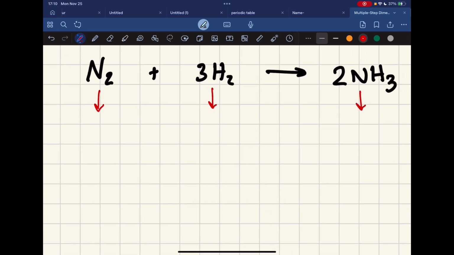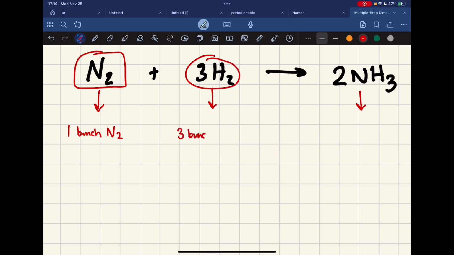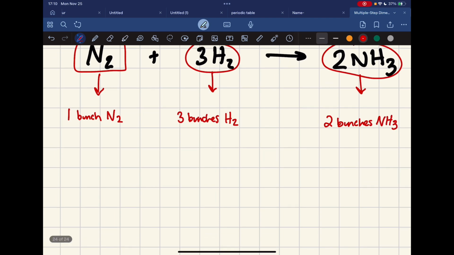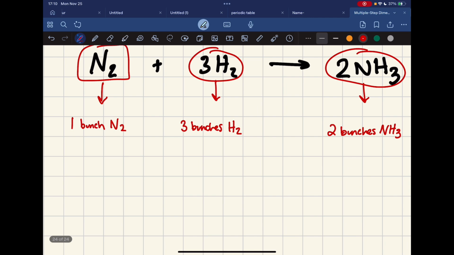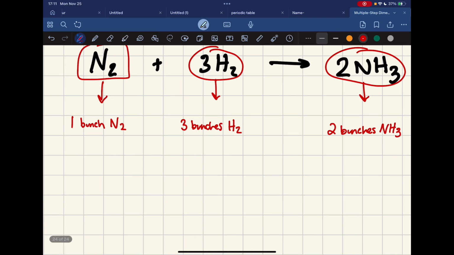So remember that this right here represents one bunch of N2. This right here represents 3 bunches of H2. And this quantity represents 2 bunches of NH3. That's the first step, is to recognize that and then convert those bunches to grams in the exact same way that we were doing in the last questions.